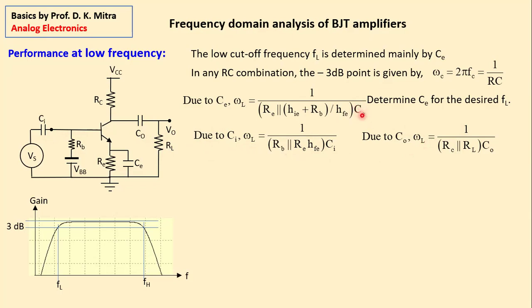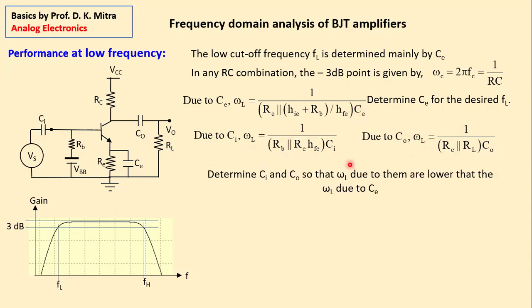Once you have determined CE, then determine CI and CO using this formula, so that omega L for CI and omega L for CO is less than FL.